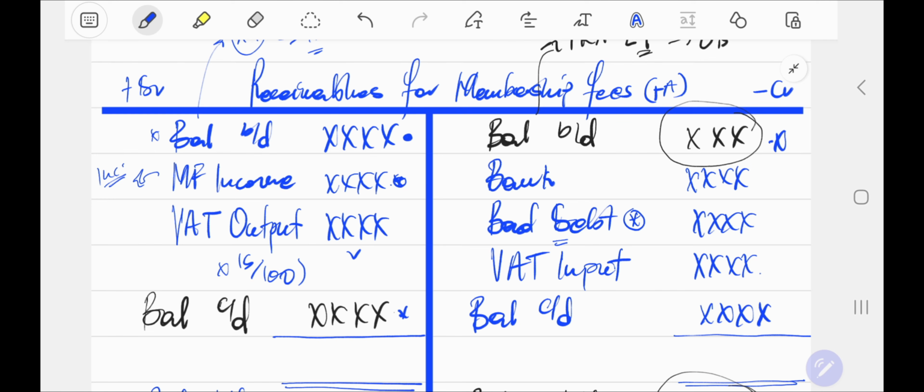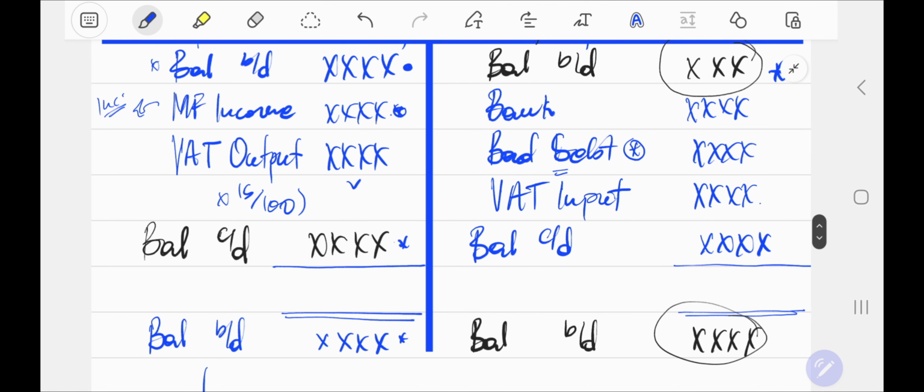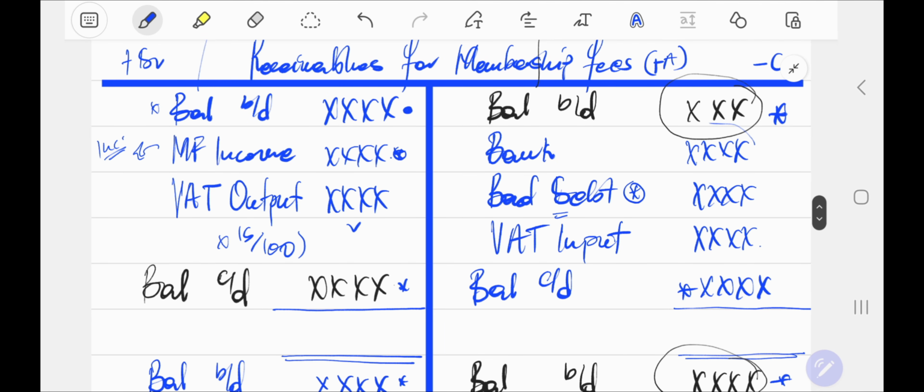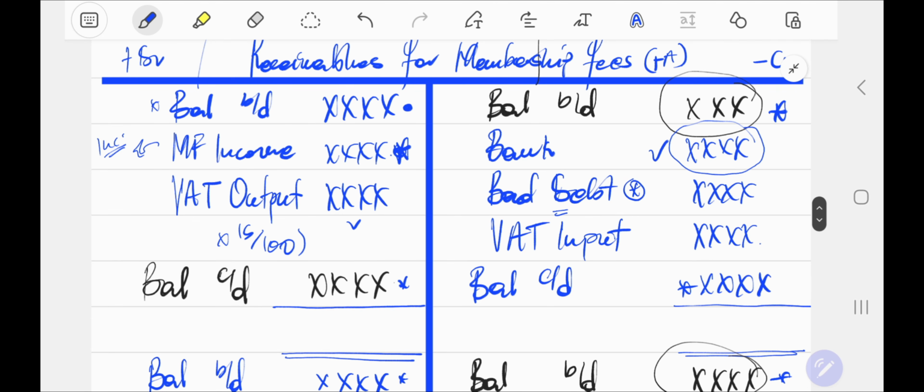And then this one is a balancing figure, right? Unless you are given the statement of receipts and payments, which is a different story. If you are given the statement of receipts and payments, this amount you are going to have, but this one is going to be the balancing figure.